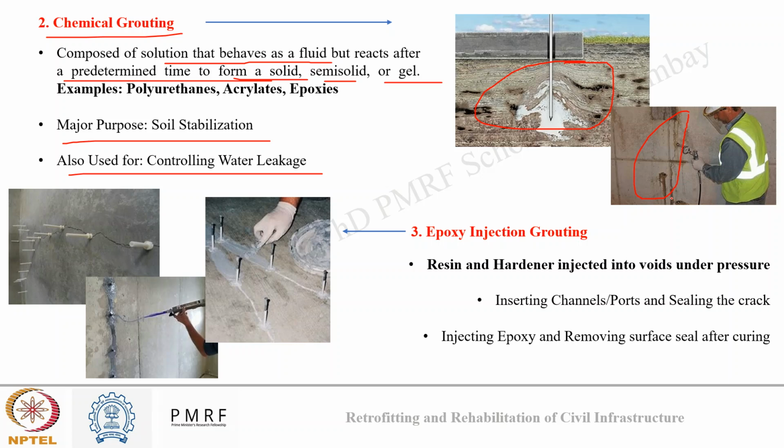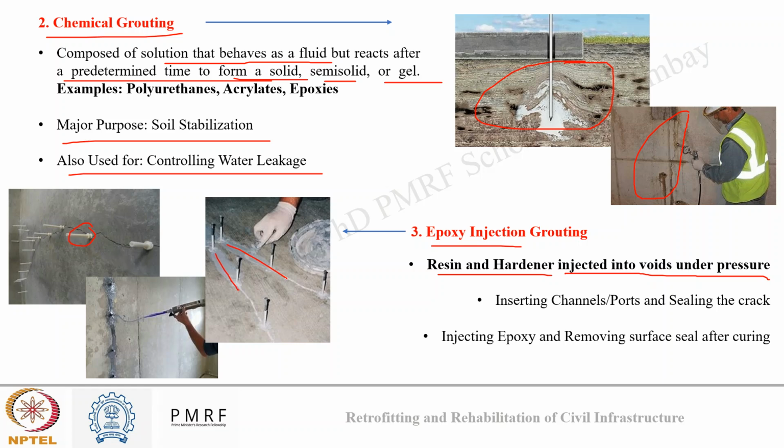Okay. And we have epoxy injection grouting. Epoxy injection is nothing but a combination of resin and hardener that is injected into voids under pressure. So how is this carried out? Across the length, different channels or ports are created, while the crack surface is covered with a sealer. So we install different ports across the crack, and then we seal the surface.